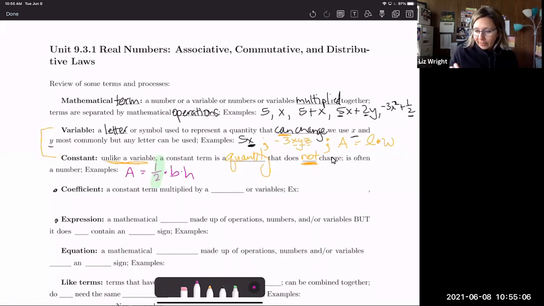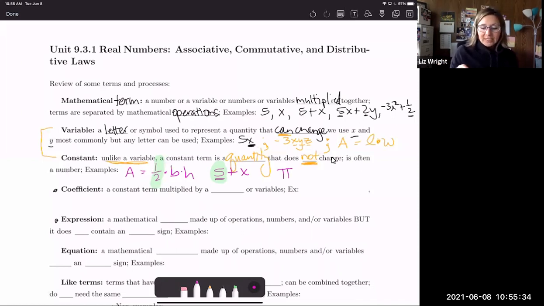If I go back up to my other example of 5 plus X, the 5 is the constant right here, and the X would be the variable. We might also have the irrational number pi. Pi would be considered a constant because pi is always going to be 3.14, and it's that decimal that goes on forever, it doesn't repeat, so it's going to stay the same.